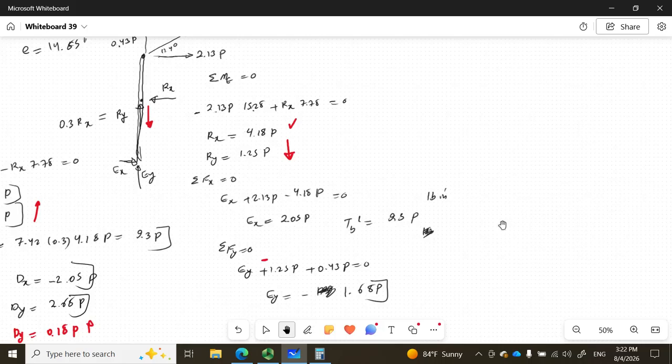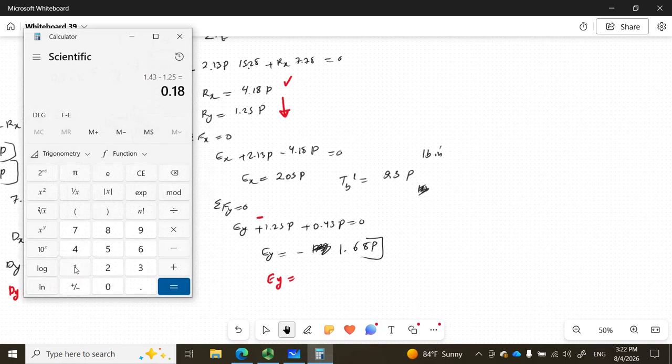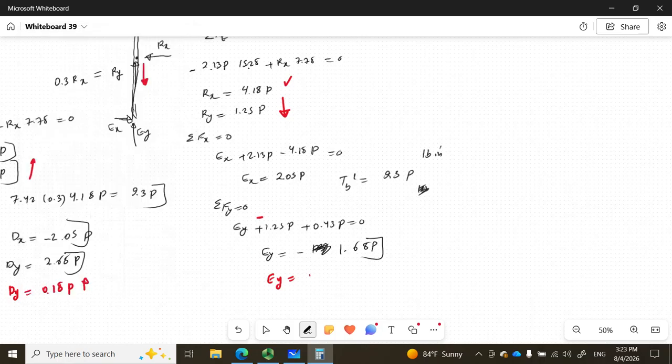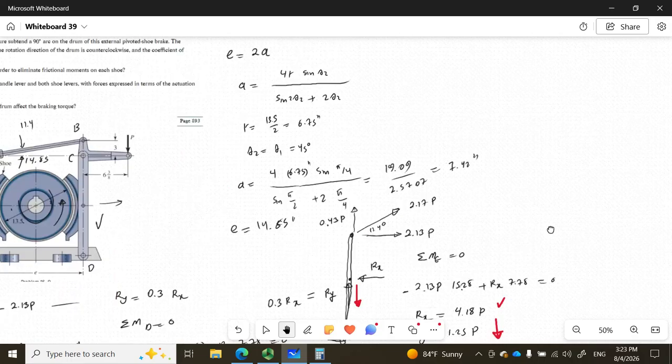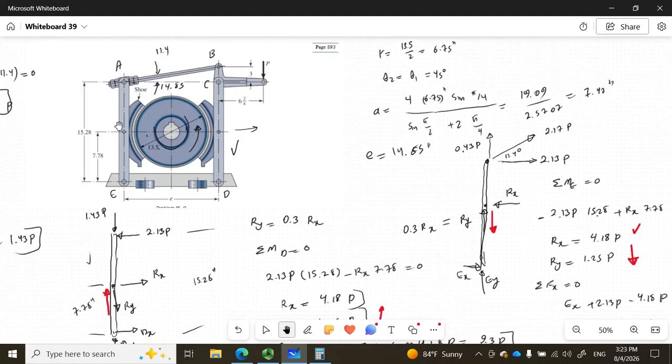So Ey goes the other side, 1.25 becomes positive: 1.25 minus 0.43 times the P, so 0.82 times the P.